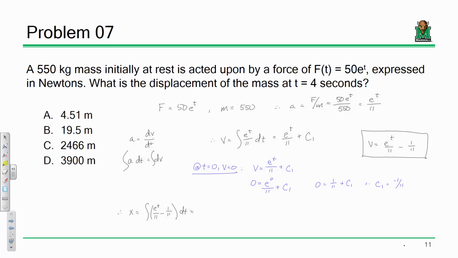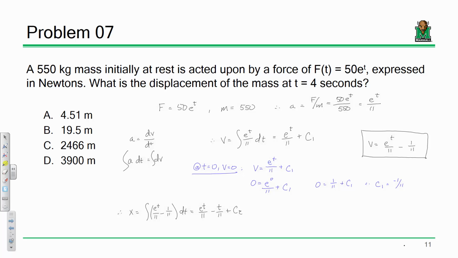The integral of this part is just this part, and the integral of the constant is t, and then plus c. There we go. So we've got e to the t over 11 minus t over 11 plus c2.